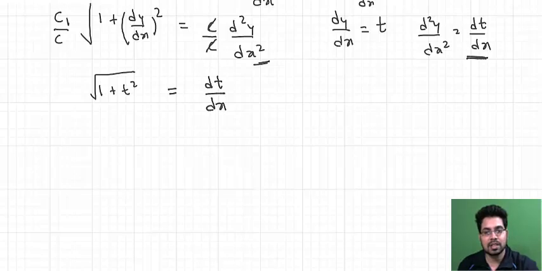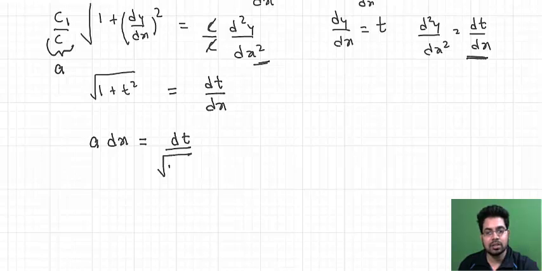Here I will write c1 by c as some constant a. So this can be written as a times dx is equal to dt by root under 1 plus t square. Now let's integrate both sides.